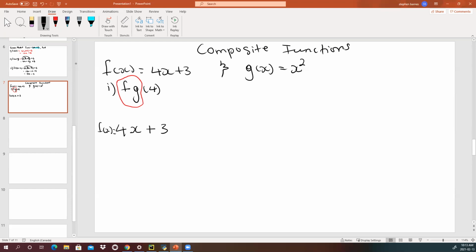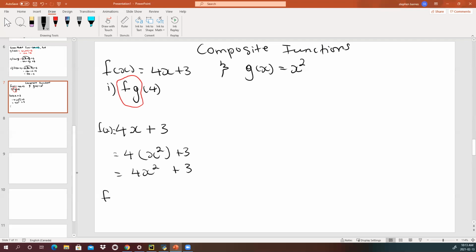So anywhere you say x, you're going to put your g function. So anywhere I say x, I put my g function, which is x squared. So my f of g function now is 4x squared plus 3.